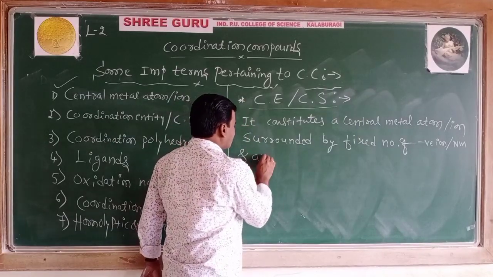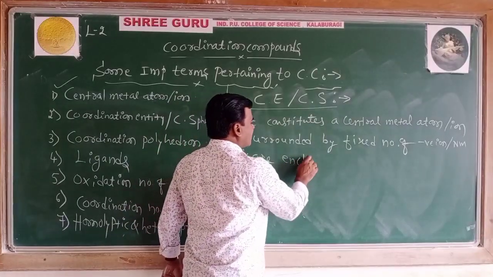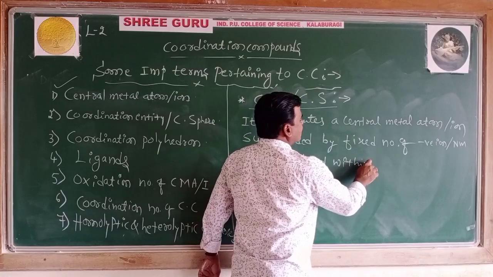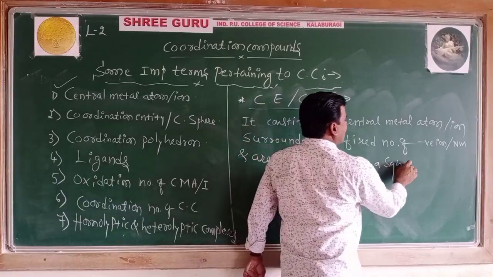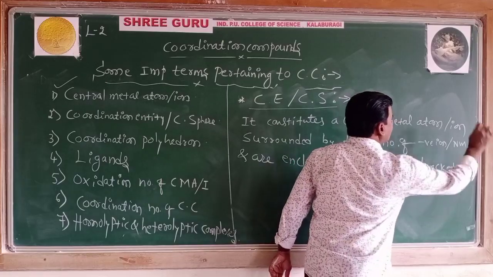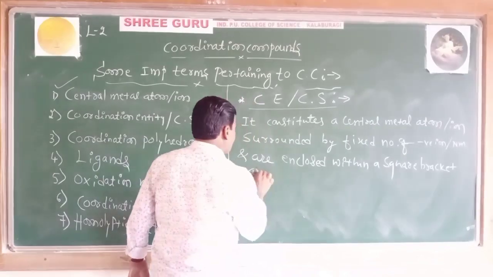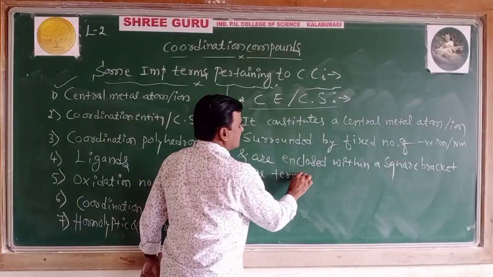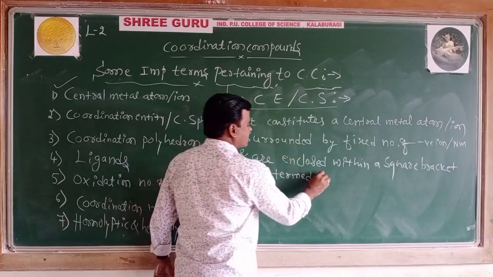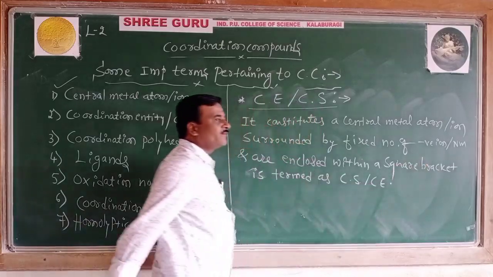and enclosed within a square bracket, which are termed as coordination sphere or coordination entity.